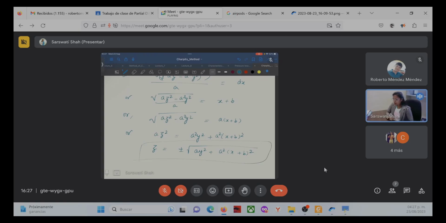So this is the complete integral, which contains two constants a and b.